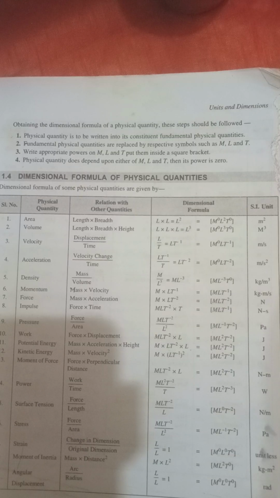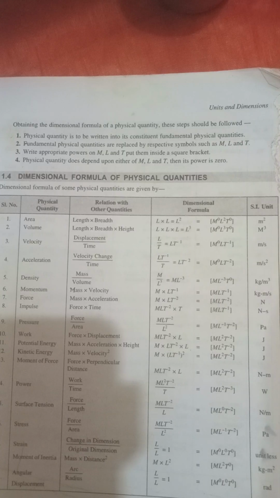Force is mass into acceleration, M L T inverse 2, SI unit Newton. Impulse is force into time, M L T inverse 2 into T, M L T inverse, SI unit Newton second.